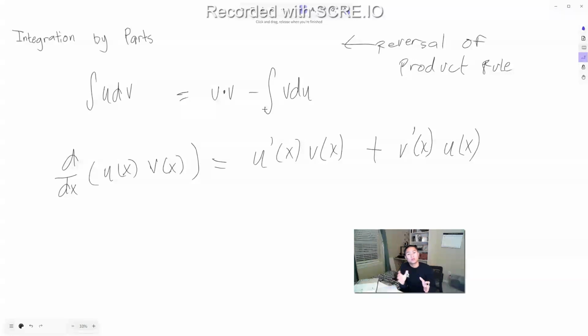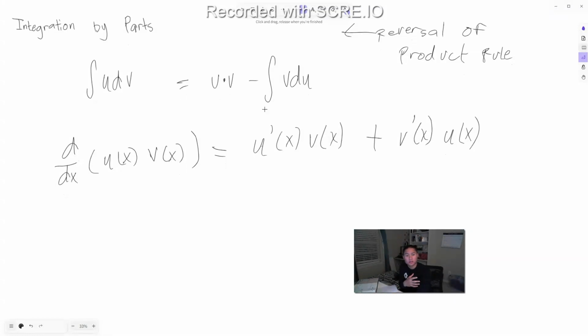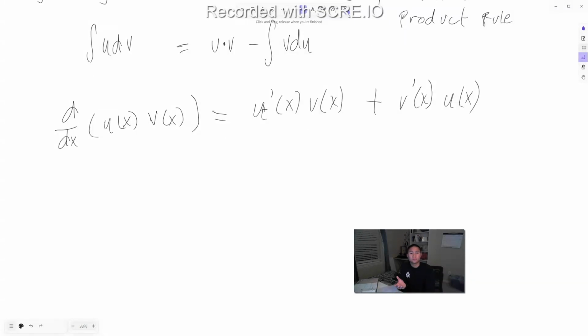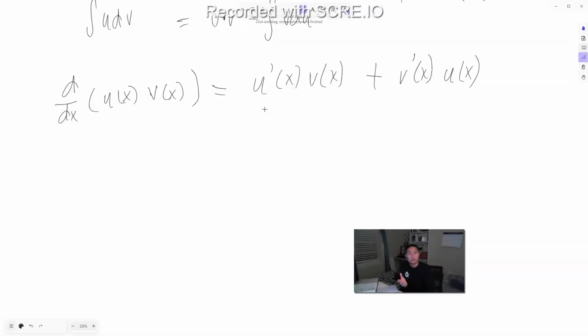Now we have this equation, and let's say we want to take the integral of the whole equation. Taking the integral of the whole equation will not change anything because we're applying it to both sides. If we take the integral of a derivative, we're just going to be left with the function that's inside the derivative.